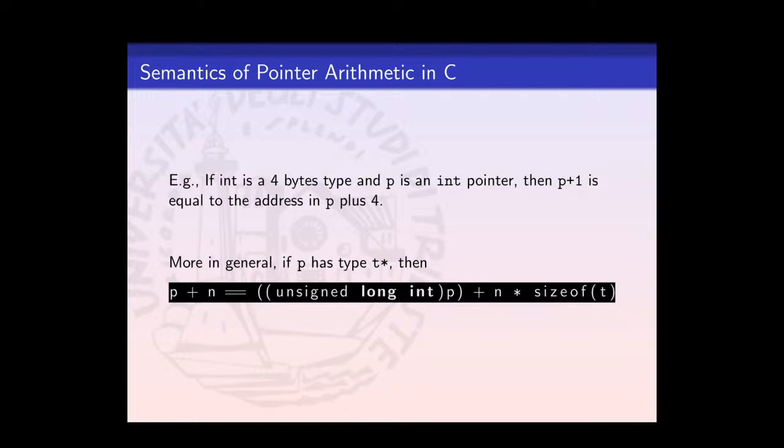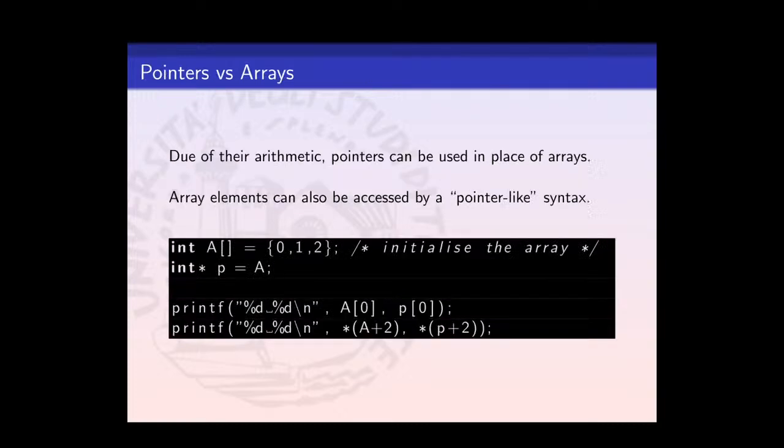Because the integer data type is represented by using 4 bytes, so when I increase the pointer by 1, I end up in the next free position to represent an integer data type. And this is the equation which basically represents what's happening. But of course, it's tough to understand what's going on here. You have to get used to it.